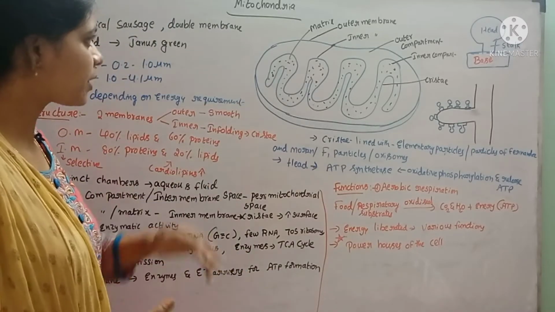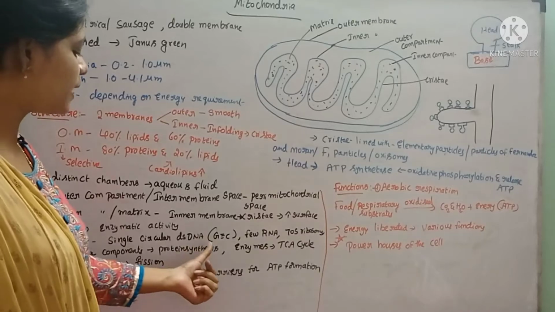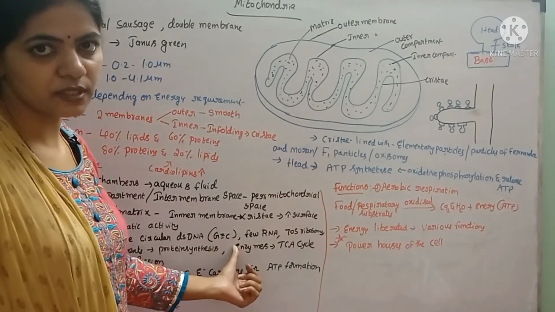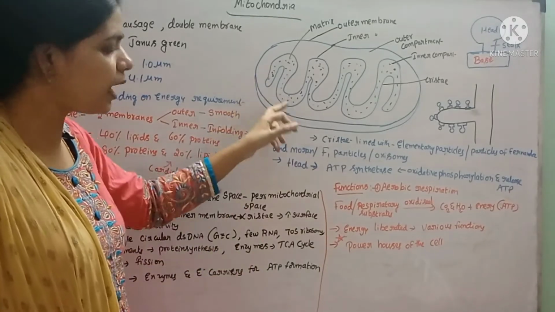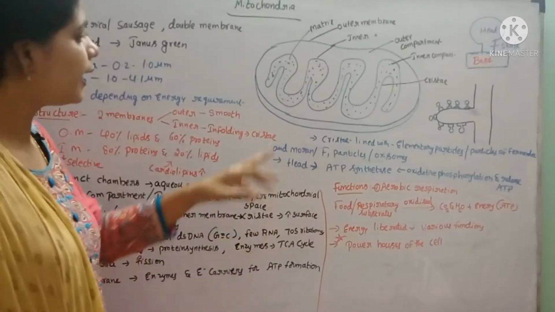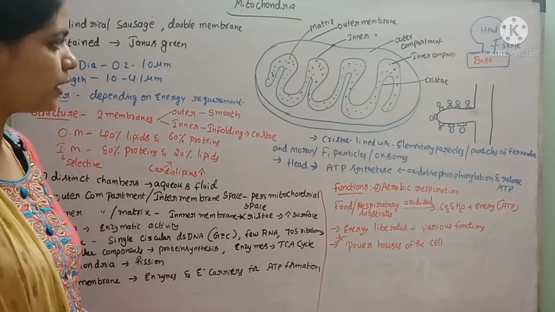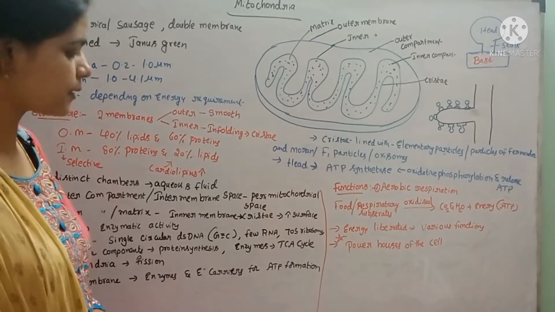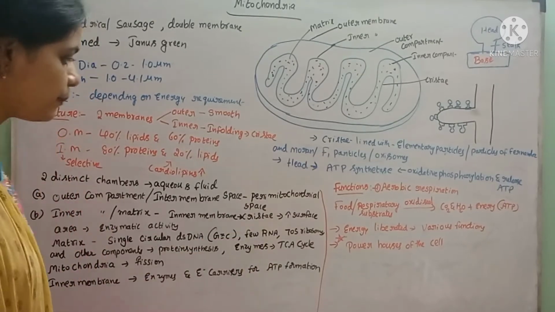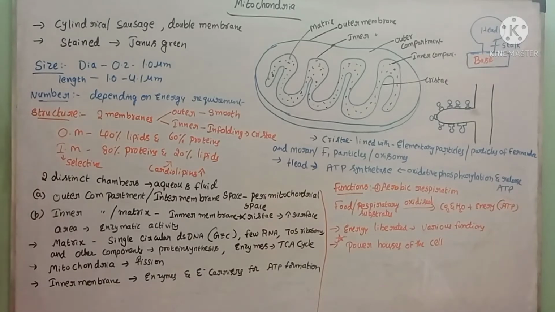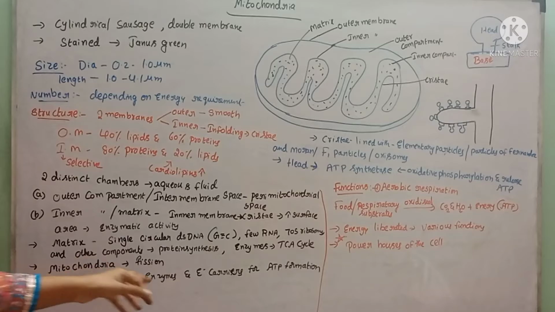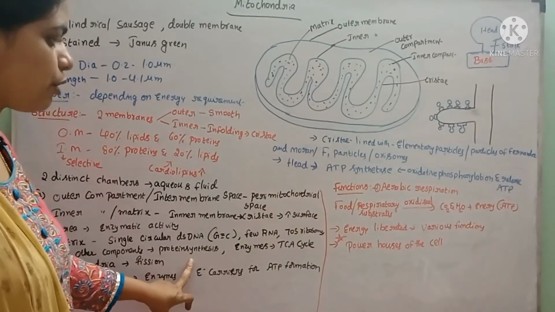Whereas this mitochondrial DNA consists of a major amount of guanine and cytosine bases, and a few RNA molecules are present, and inside this, 70S type ribosomes are present. Eukaryotic cells have 80S, but here 70S type ribosomes are present. And not only that, they also contain other components for protein synthesis.